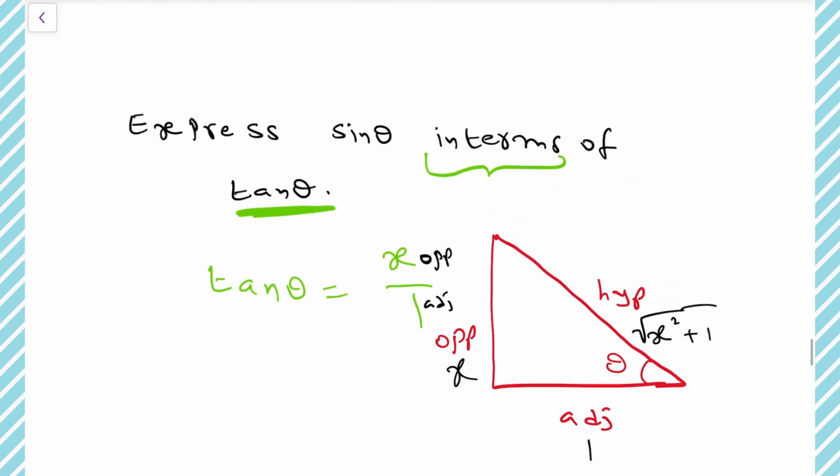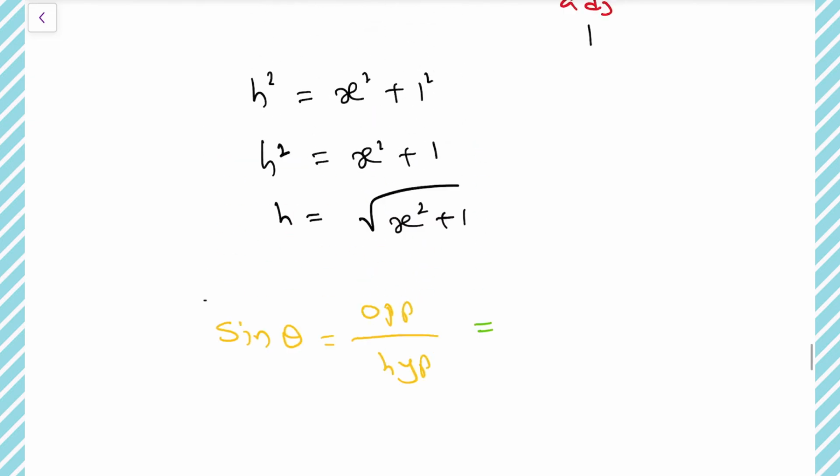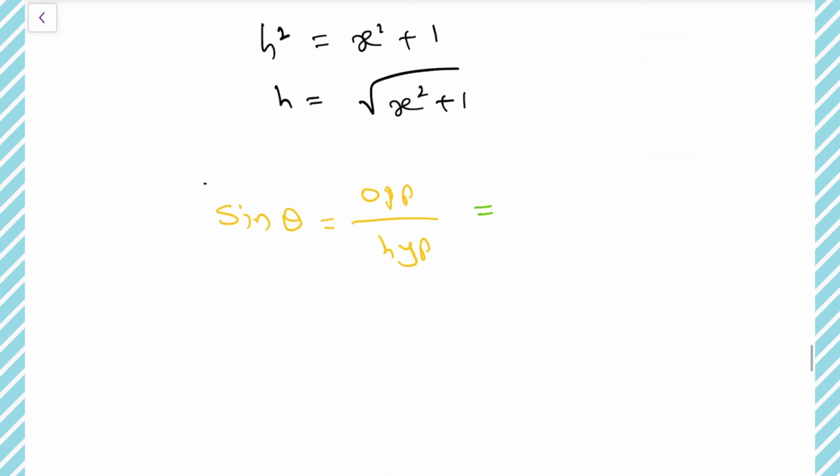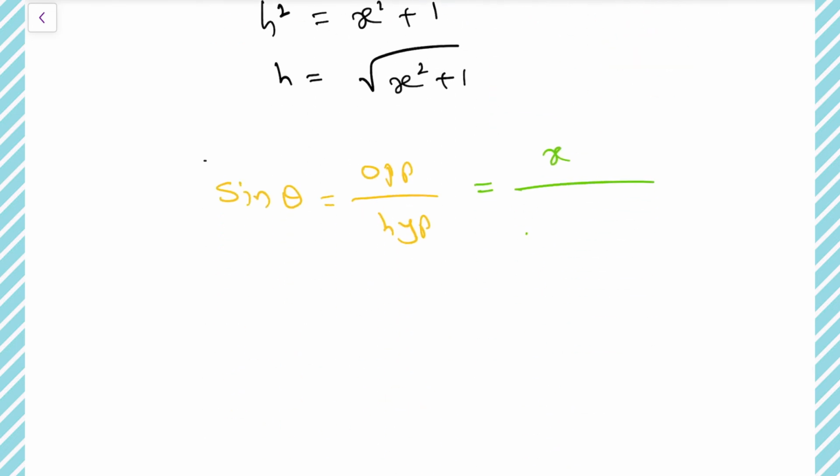Then which value is he asking now? In the question he is asking to find out the sine theta value, right? So let us write the sine theta value. Sine theta is equal to opposite divided by hypotenuse. So what is opposite in this figure? x, by hypotenuse, which is under root x square plus 1.